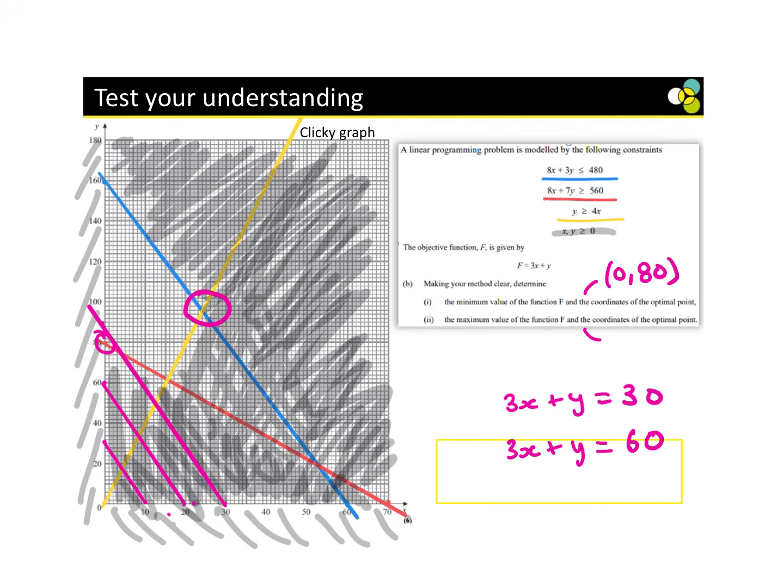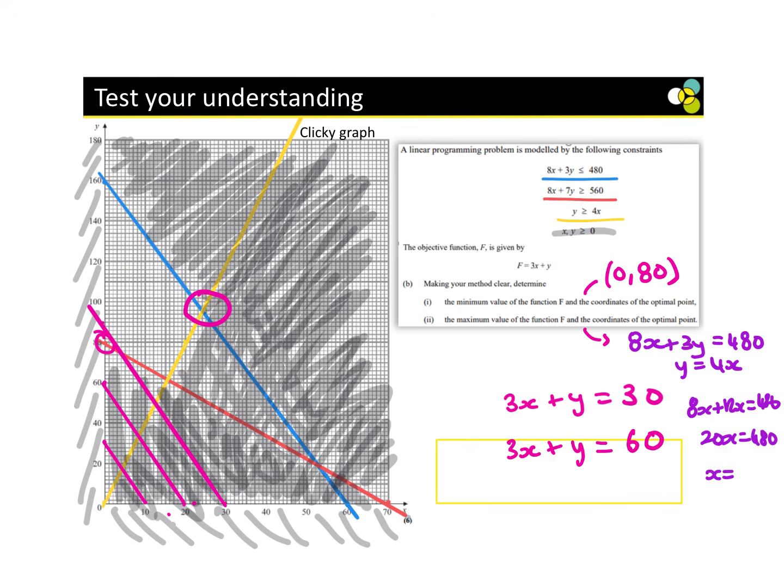So to find that coordinate, which is going to be our maximum value, we are going to solve, let's do it in purple, 8x plus 3y equals 480 and y equals 4x. So this is really nice. We can just substitute. We're going to get 8x plus 12x equals 480. 20x equals 480.